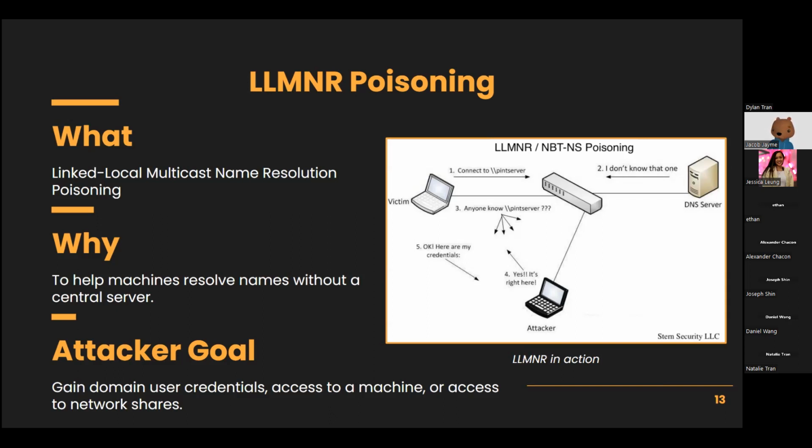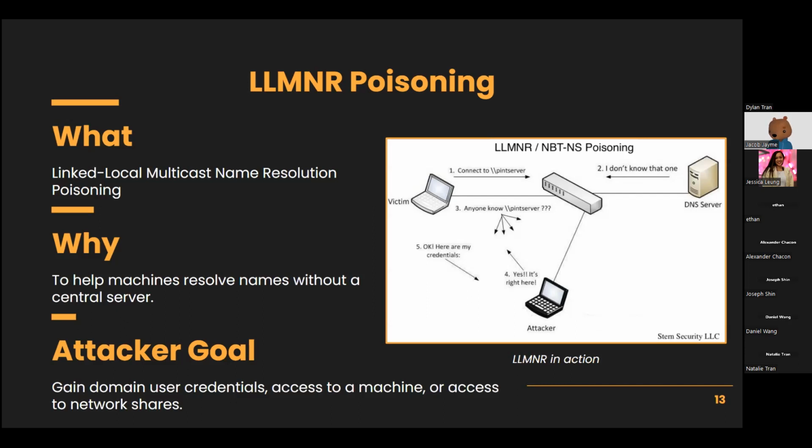What's going to happen is LLMNR serves as a fallback for when DNS fails, or if you're really old, because this thing is like 20-something years old, it was implemented in Active Directory before DNS was implemented. And because of this, it's old, it's a little questionable.